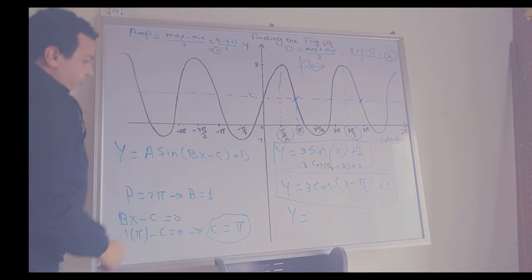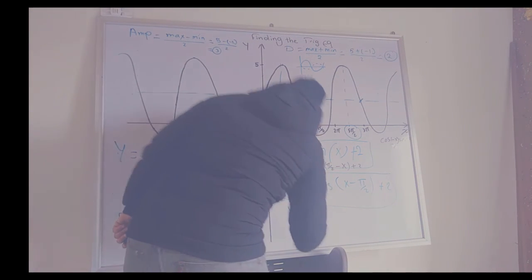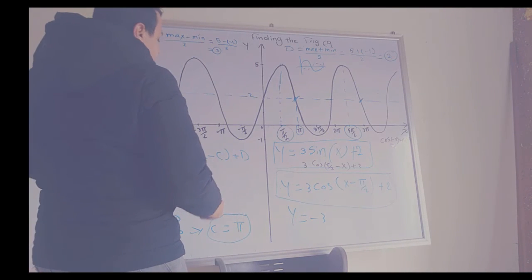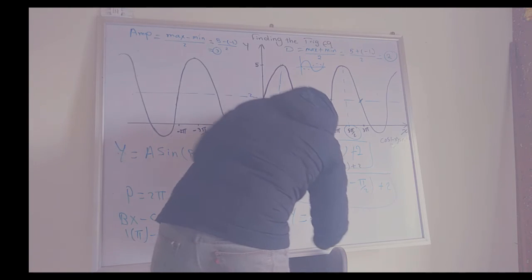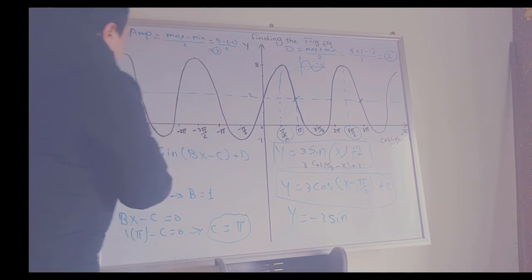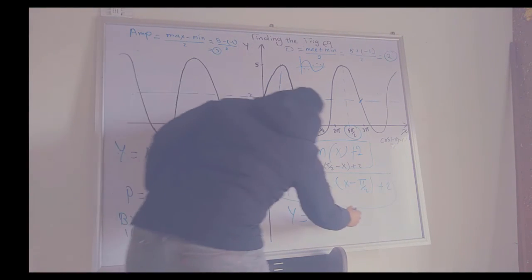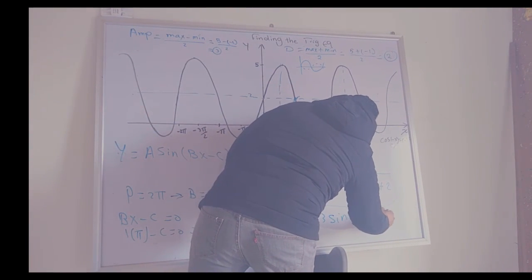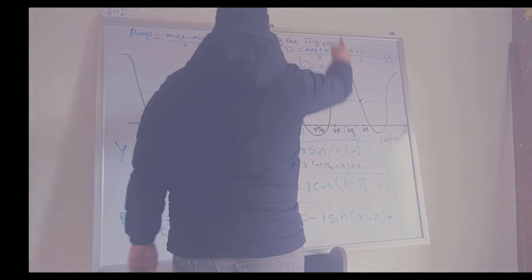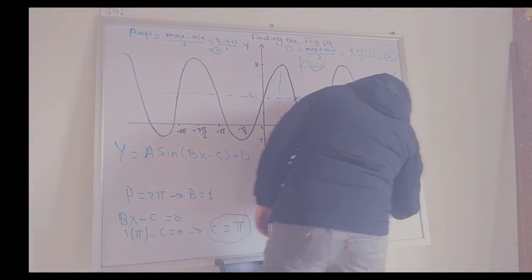So a here is negative 3, 3 sine, b which is equal to 1, x minus c, which is pi, all plus 2, which is equal to d.